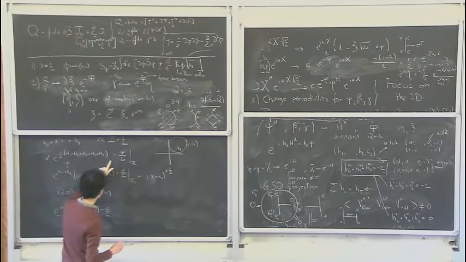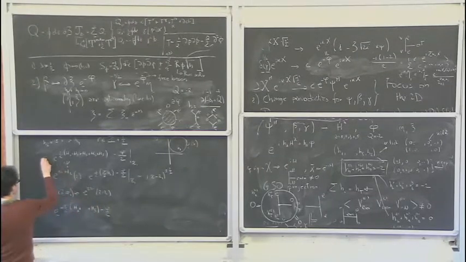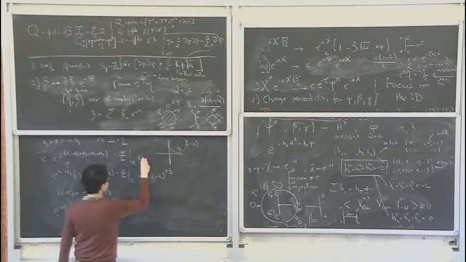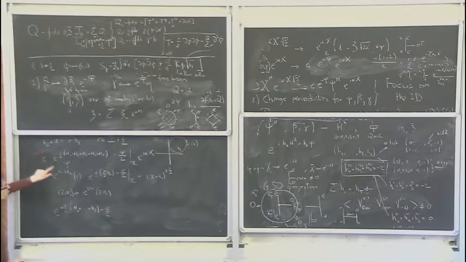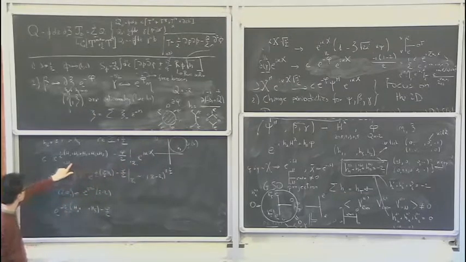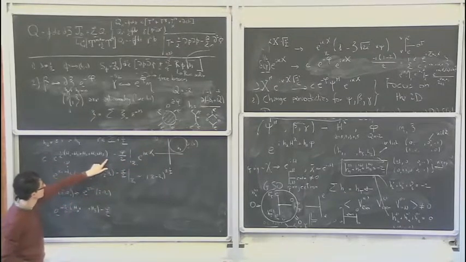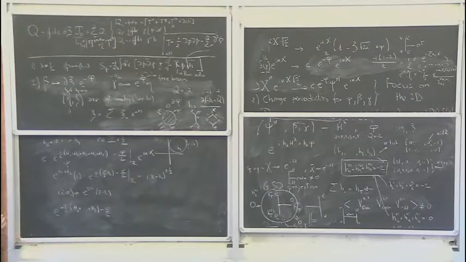So the full vertex will be this one times c times e to the i k x, right? So this is the standard thing we had also in the bosonic theory. This is the new structure in the psi and the superghost sector, right?